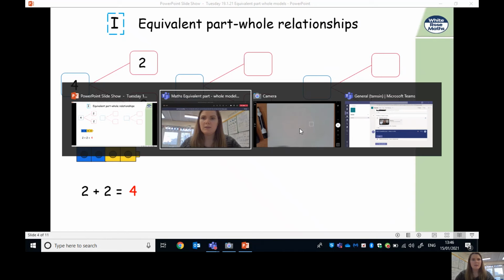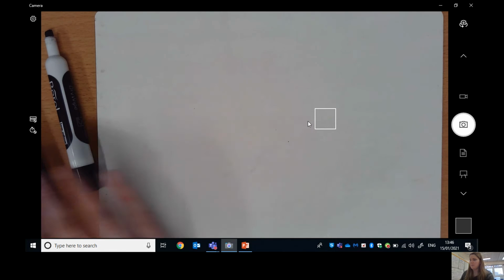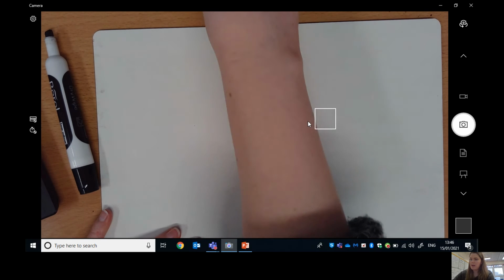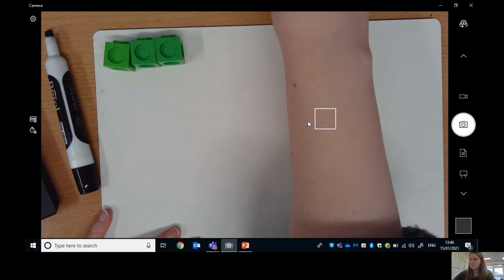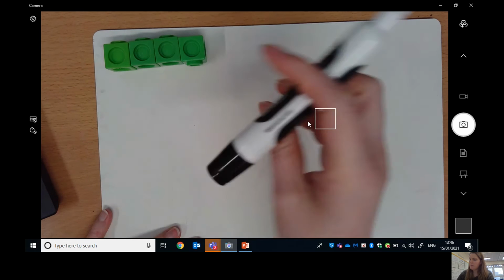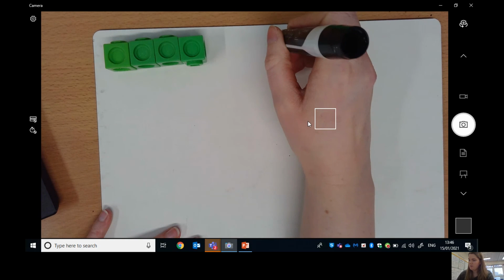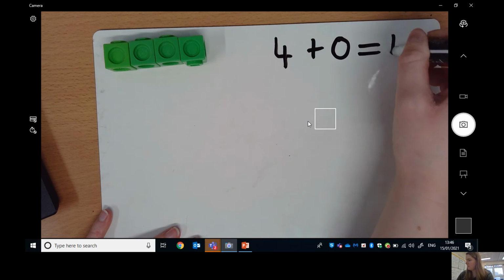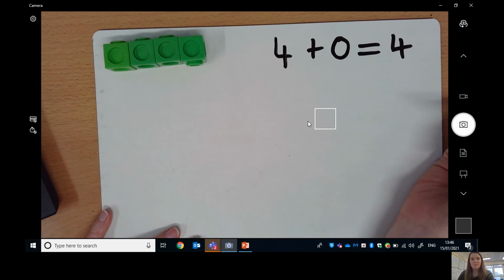I wonder. So let's move on here. The first one I'm going to do is I'm just going to get 4. There we go. I've got 4 cubes. Now, if I was to represent this, it would be 4 plus 0 equals 4. But there are other ways to make 4.